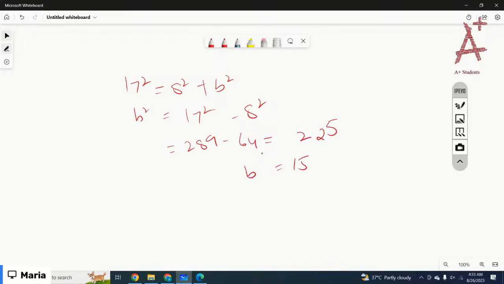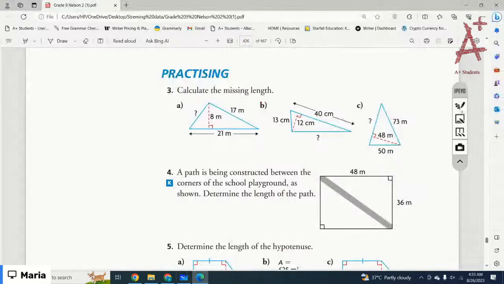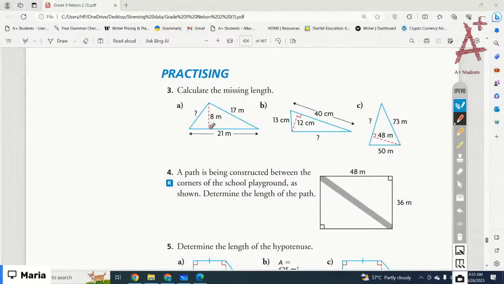That means b is 15, right? So you now have this measurement. This one is 15, so then 21 minus 15 is 6.